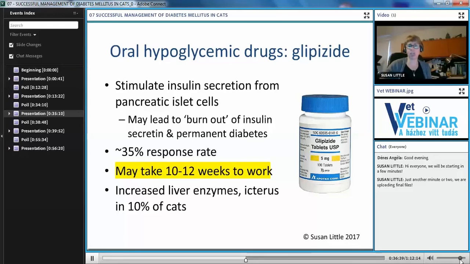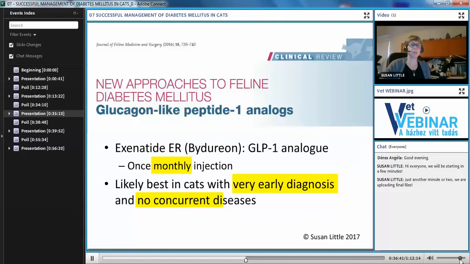I'm just going to mention a new type of treatment, because we're beginning to see some new drug approaches come on the human market, particularly this drug class that's called a GLP-1 analog. This is an incretin-based treatment, becoming very popular in people because it's a once monthly sub-Q injection.